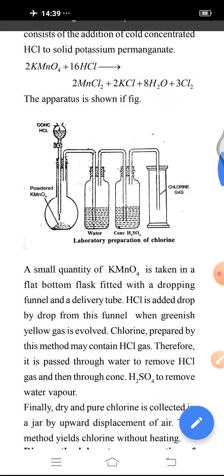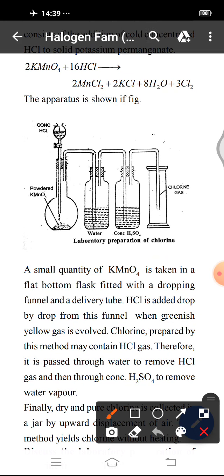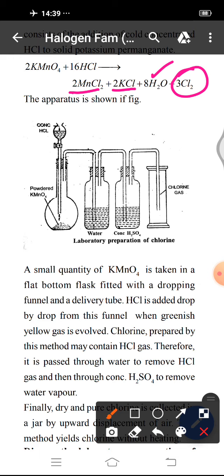When KMnO4 reacts with concentrated HCl, then it forms KCl, MnCl2, water and chlorine gas is evolved.